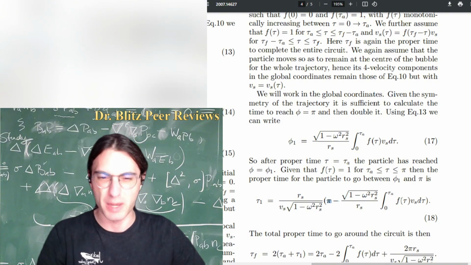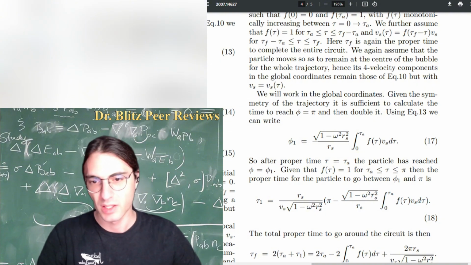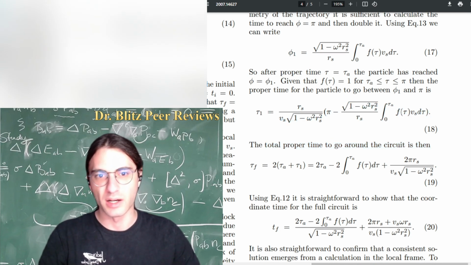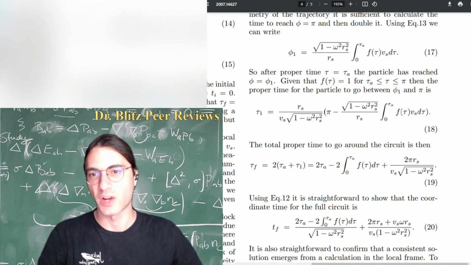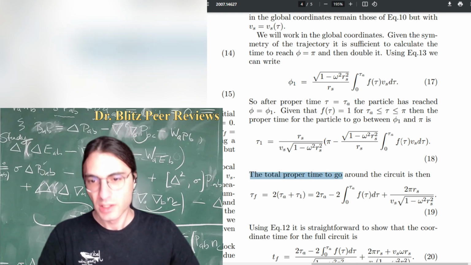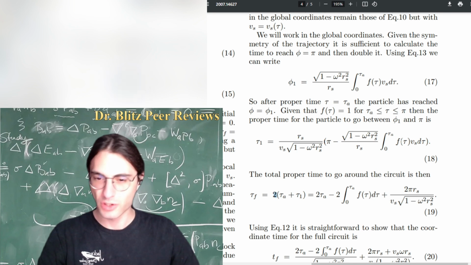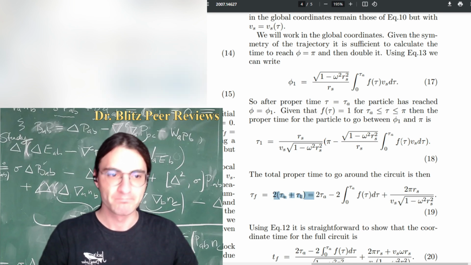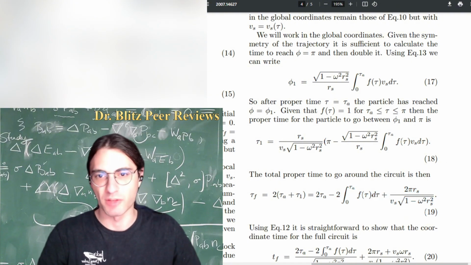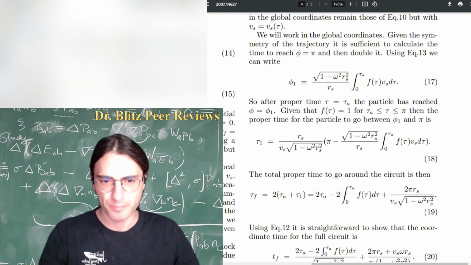So that's why that's just pi minus this angle here. The total proper time to go around the circuit is then, so now they're just doubling this. They're adding tau sub a plus tau sub 1 and then doubling it. Yeah, so tau sub f equals 2 times tau sub a plus tau sub 1. And so then it's just a formula from basically combining equations 17 and 18.